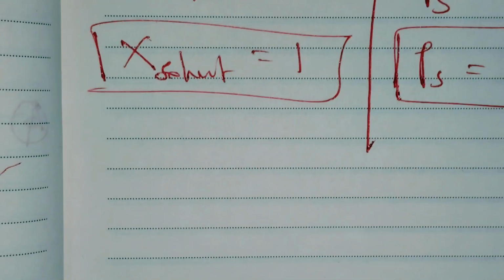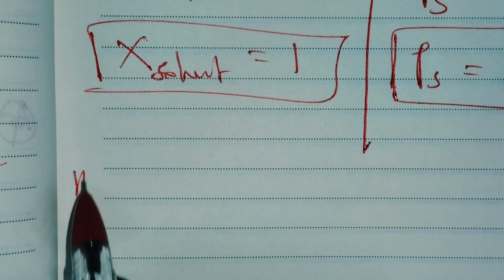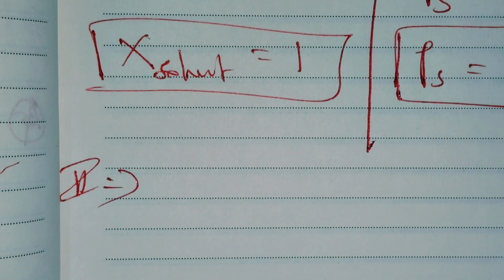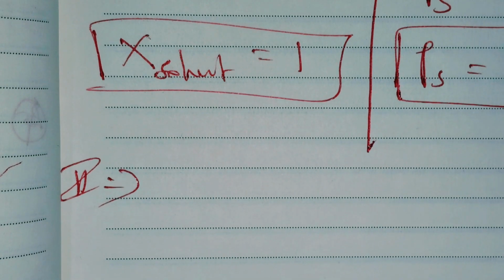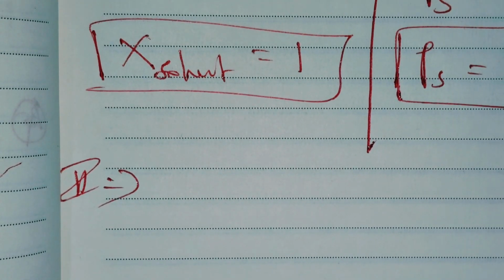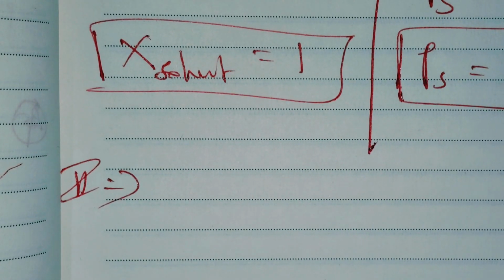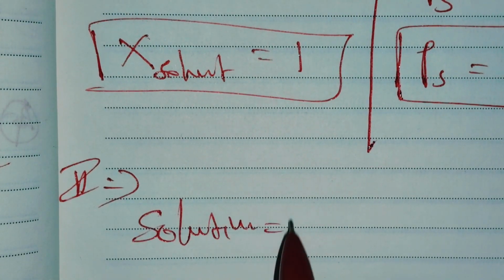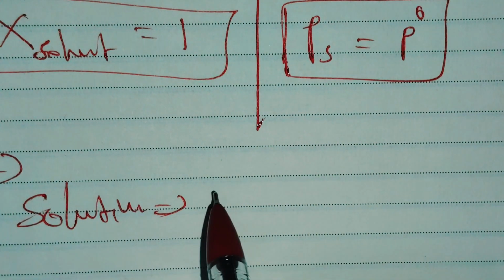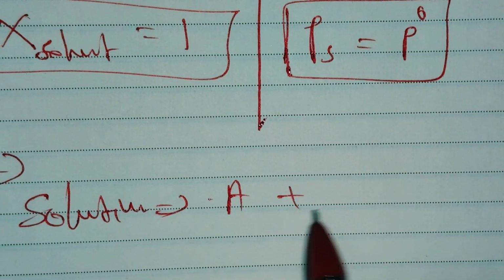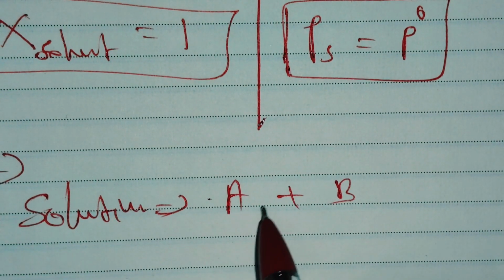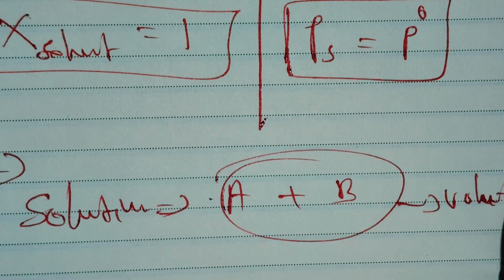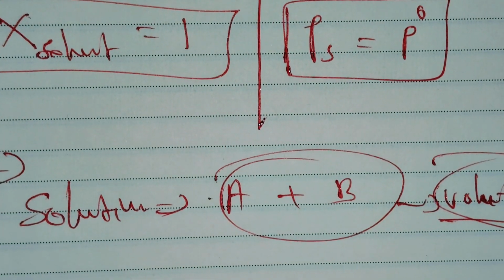Next, the second category: if a solution is prepared by mixing two volatile liquid components A and B, both are volatile components.